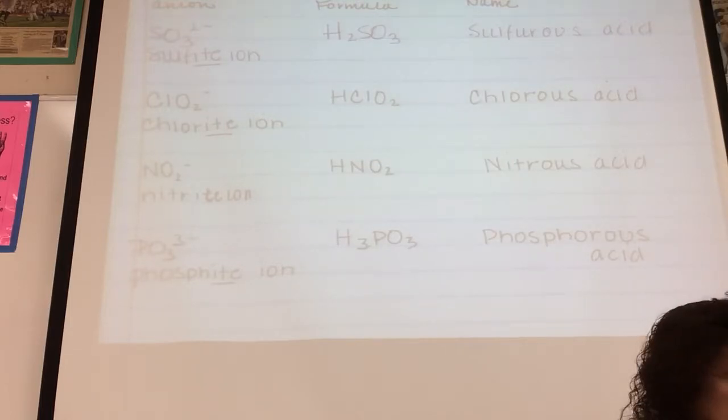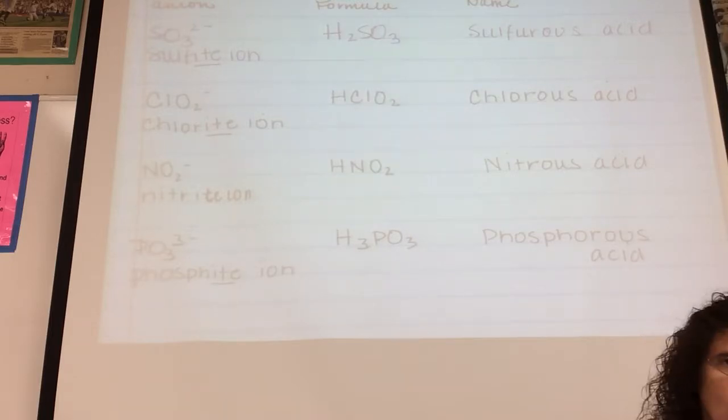It doesn't necessarily mean it's the acid. It could be a salt with the arsenate ion.